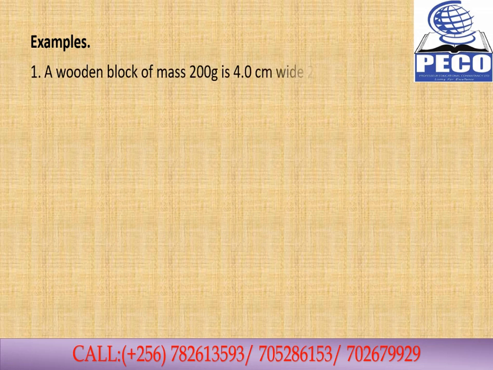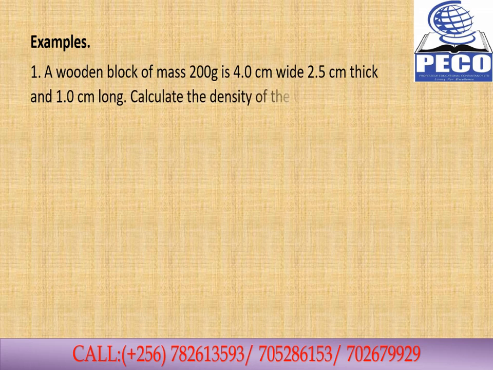Let's look at an example, or examples. A wooden block of mass 200 grams is 4.0 centimeters wide, 2.5 centimeters thick, and 1.0 centimeters long. Calculate the density of the wooden block. Very simple, that one. Solution: what is the mass we are given?